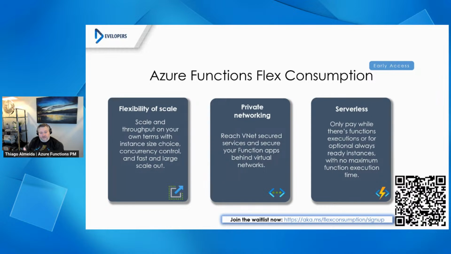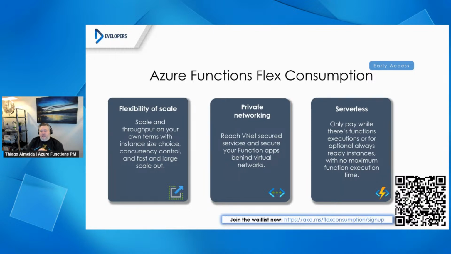There's quite a lot of other features that we plan for Flex Consumption. One is always ready instances as optional. That means if you need to set a minimum number of instances, say for example, if your app itself is introducing a lot of cold start to your application and you need to have a few instances always ready, then you will be able to set that number as well, just like you can now with premium functions, but this is optional on Flex Consumption.